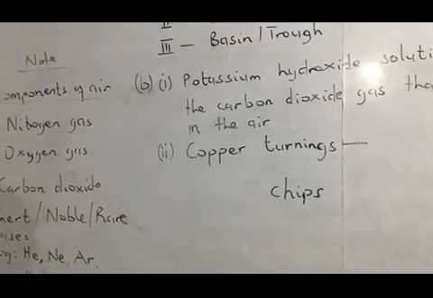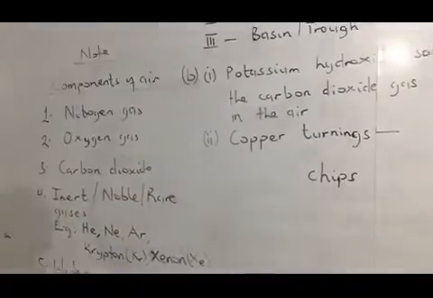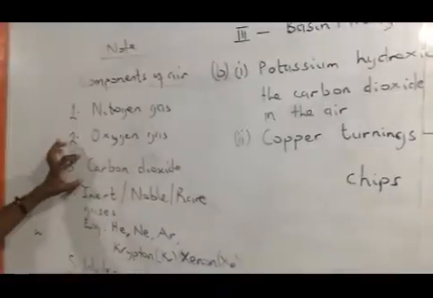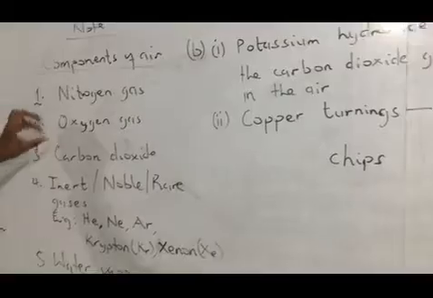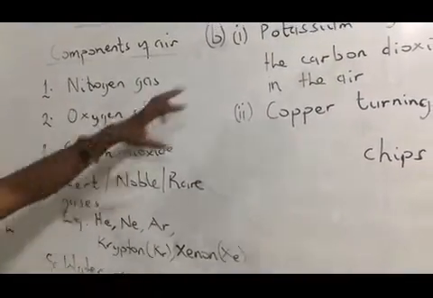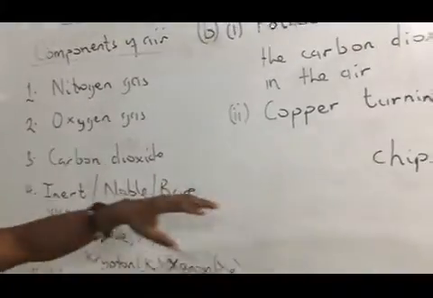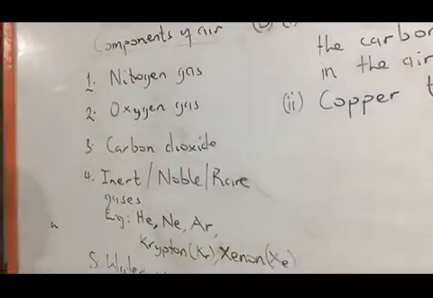Any of them is the same thing. Now, what's the role of the copper turnings? First, we've talked about the potassium hydroxide, which removes the carbon dioxide. Now, the copper turnings react with the oxygen gas that is present in the air. So the potassium hydroxide has removed the carbon dioxide, and the copper turnings react with and remove the oxygen gas that is present in the air.